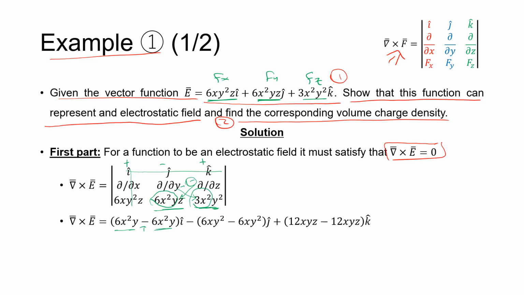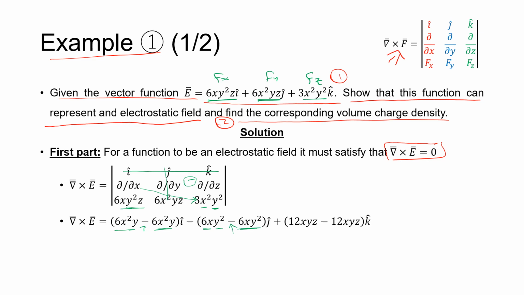Then we do the same for the j and k components. Here you differentiate with respect to x: you have x squared, which becomes 2x, multiplied by 3 becomes 6x, and y squared is also constant for x. Then you do it for z, and don't forget the minus sign here. Partial z for this one is nothing but 6xy squared, and the differentiation of z is just 1.